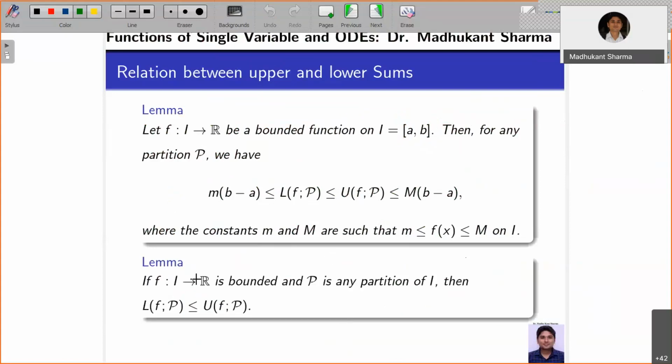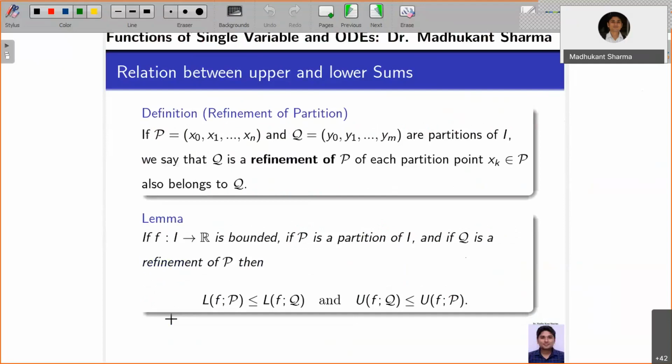Further, if f is bounded and P is any partition of I, that also has been done: L of f, P is always less than or equal to L of f, Q if Q is a refinement of P. This relation also holds, which we have also shown.